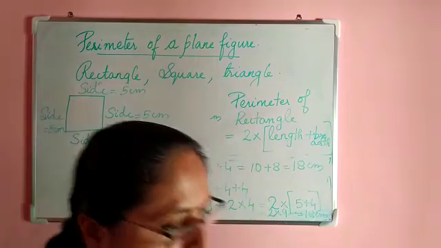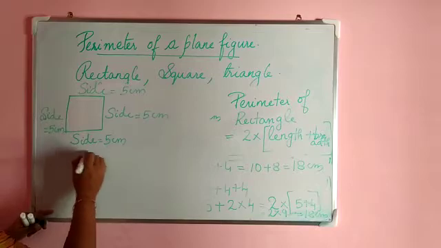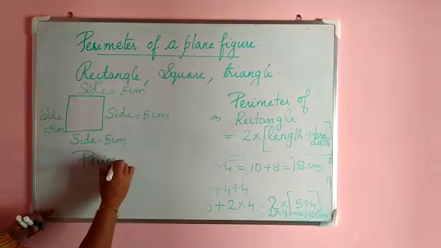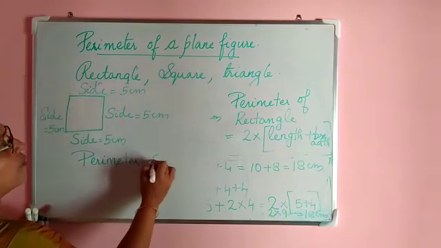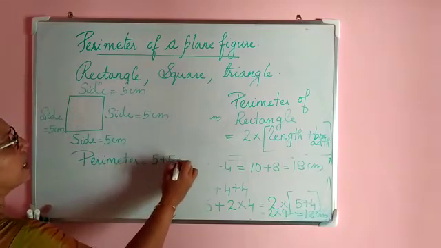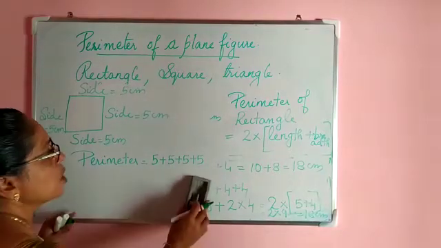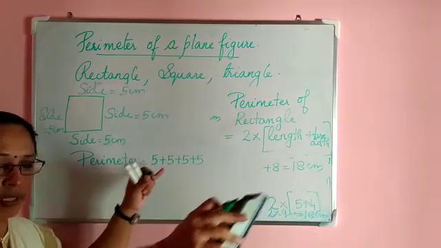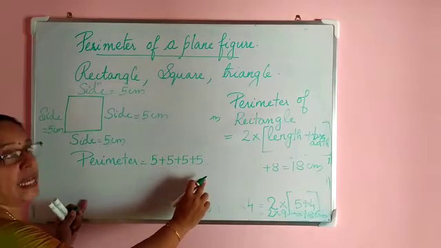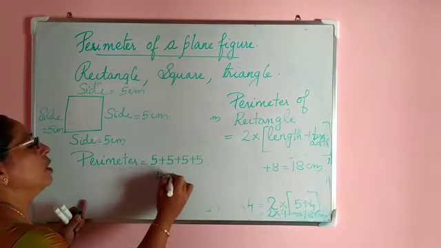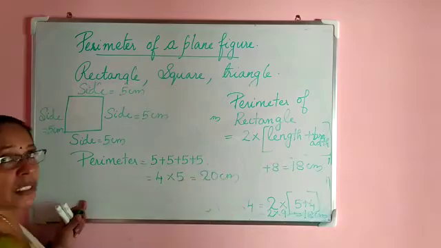We have to find the perimeter of this square. Perimeter is adding all the sides. Perimeter means total distance. That is 5 plus 5 plus 5 plus 5. Instead of adding like this 4 times, we can write in a short form. How many 5s are there? Yes, four 5s. So 4 into 5, which equals 20 centimeter.